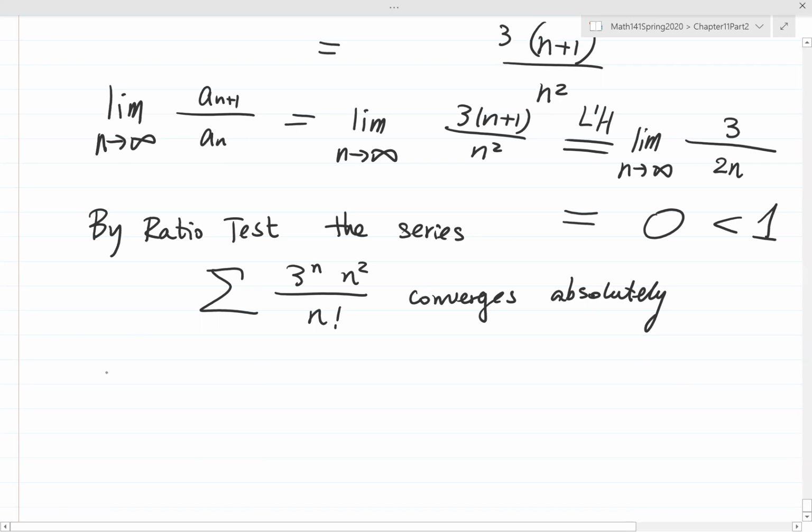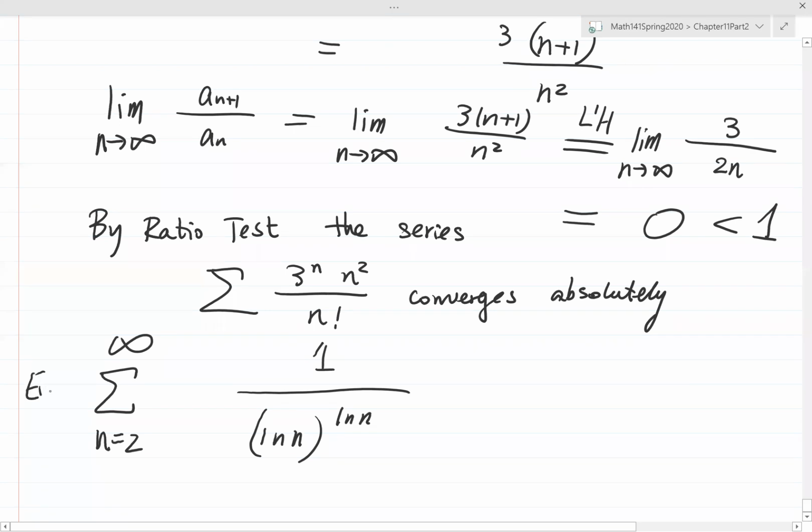This example. Sum from n equals 2 to infinity of 1 over log n to the power log n. Okay, how do we determine this?